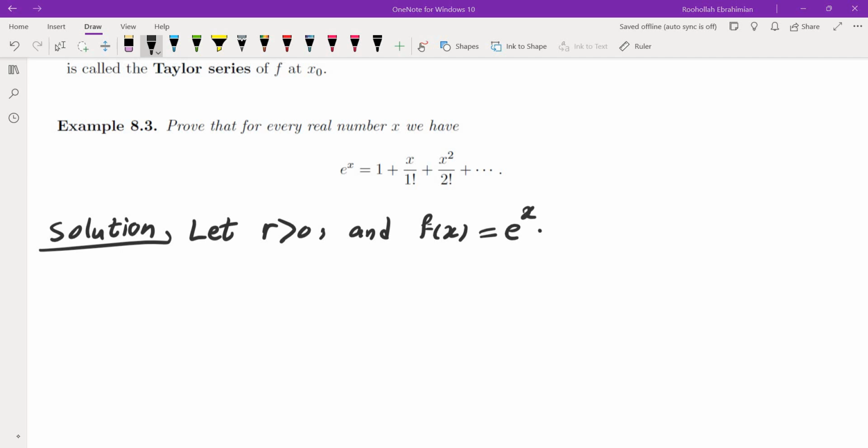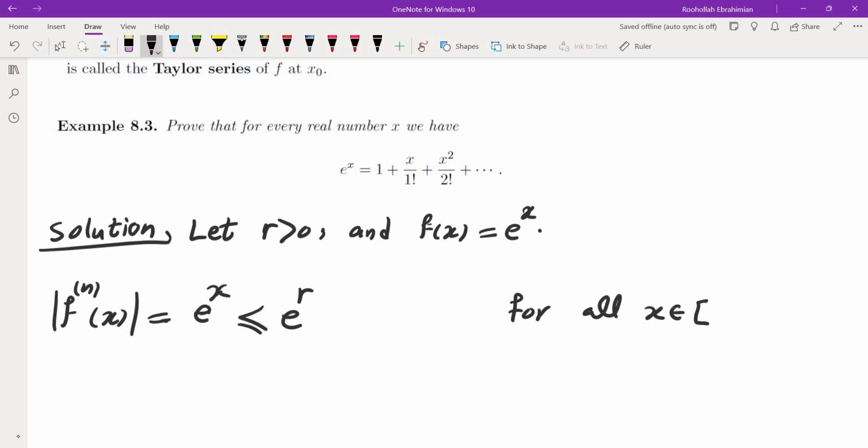Now, if you look at the nth derivative of f, it is just e to the power of x. All of the derivatives of f are e to the power of x. E to the power of x is at most e to the power of r for all x inside negative r to r.